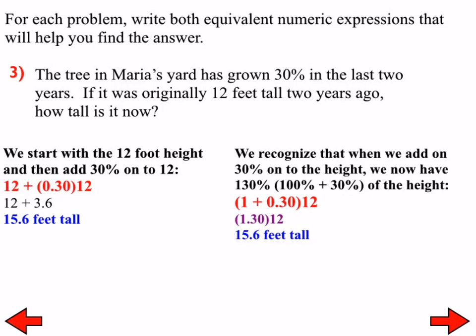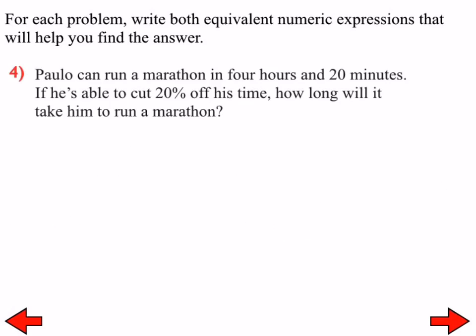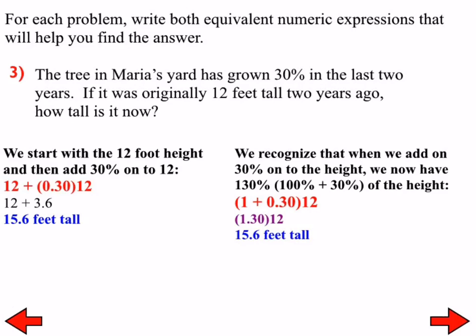The other way is, if we add on 30%, that means we now have 130%. That's where the 1 plus 0.30 in parentheses comes from there. So the two, let me back that up one more time here. Those two red expressions, those are the two equivalent numeric expressions. Okay? The ones that we have in red right here.